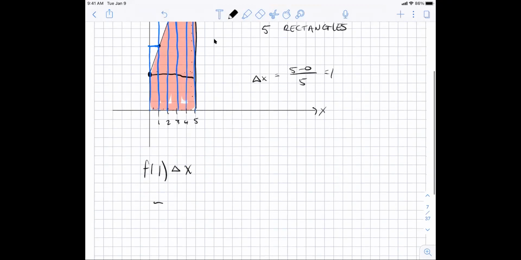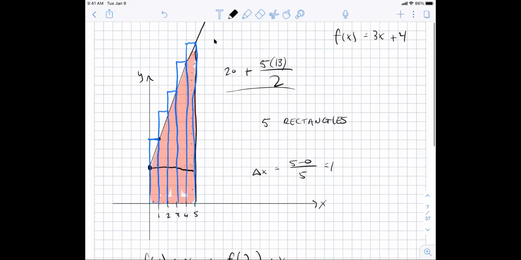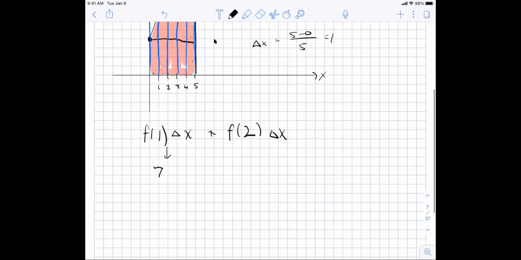So this is going to be 7. Okay. Then I'm going to do plus. What's the next function value I need to evaluate? F of 2. Very good. And so f of 2 is 6 plus 4 is 10.